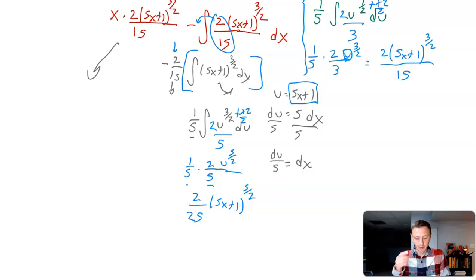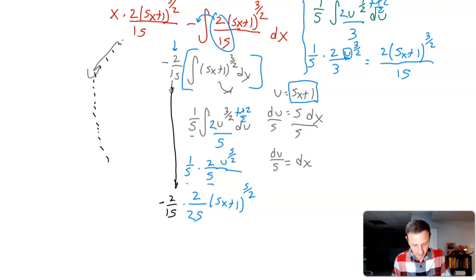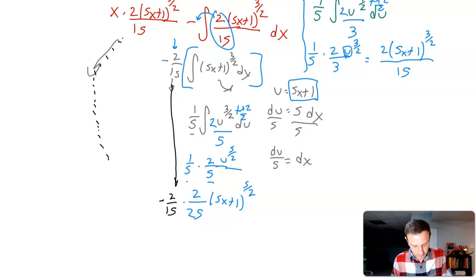So now this still needs to be multiplied by this. So this is going to be minus 2 over 15. And then I have this that still needs to come along for the ride. So this is going to be 2x over 15, 5x plus 1 to the 3/2.